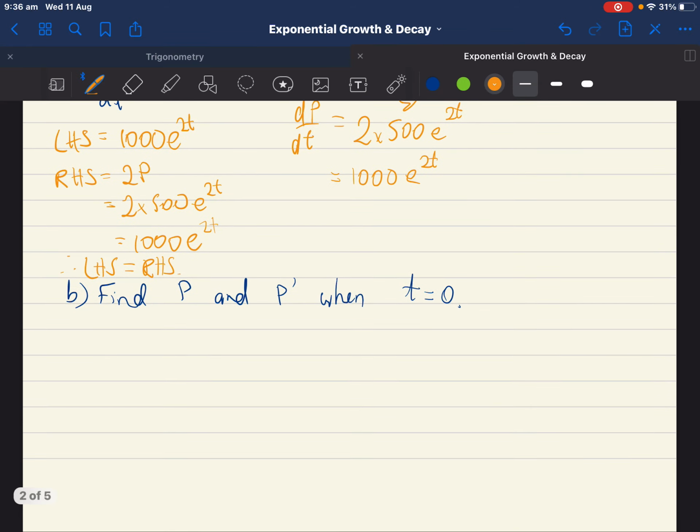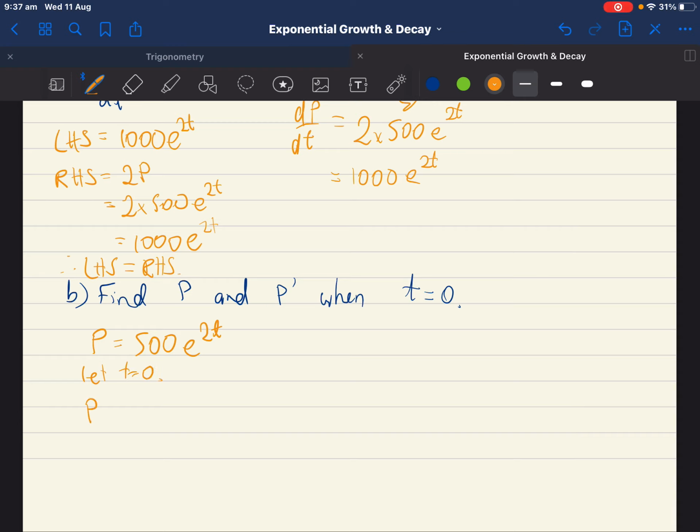Part B. Find P, the population, and P dash, the rate of change of the population, when t is equal to 0. This is initially, right? When t is equal to 0, it means right at the start. The population is given by this, so we let t equal 0.